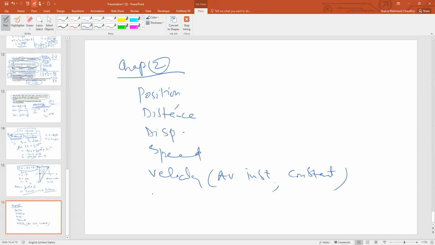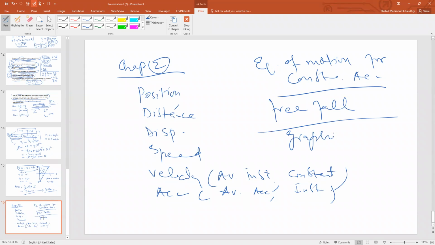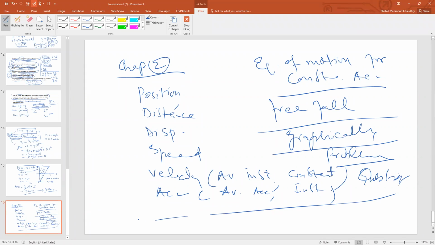Then acceleration, and similarly average acceleration, instantaneous acceleration and constant acceleration, and the equations of motion for constant acceleration. Then we discussed free fall, then the graphical explanation. After the graphs, we solved the problems and discussed some questions. So I think now this chapter is complete.